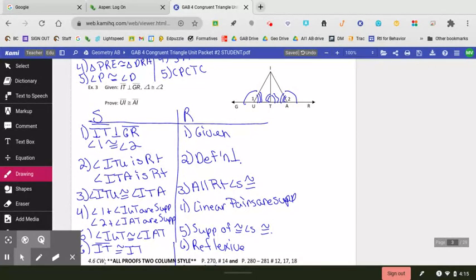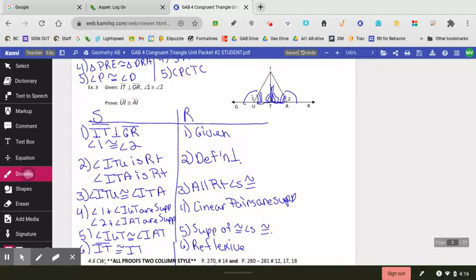So that means that ITU and ITA are both right angles. And then I know that ITU is congruent to angle ITA because all right angles are congruent. Next, I know that angle 1 is congruent to angle 2. If I look at those in my diagram, those are exterior angles, and that doesn't help me much.